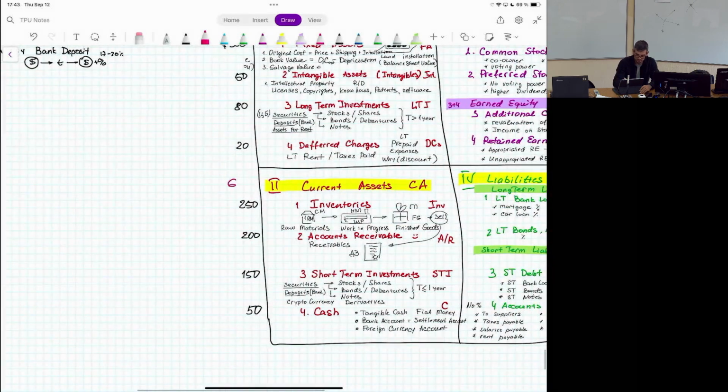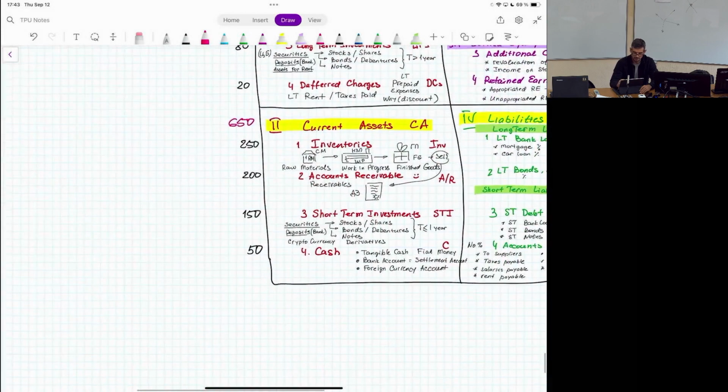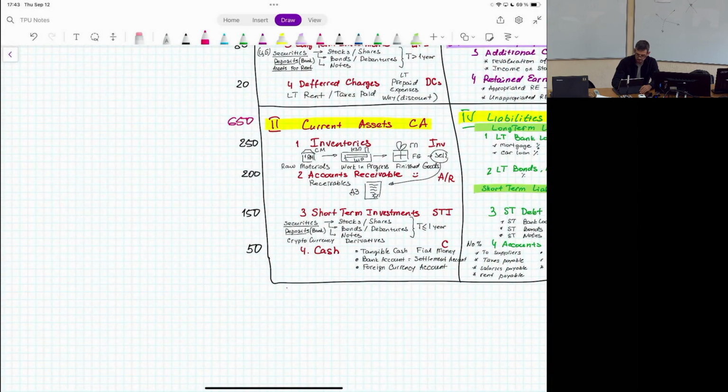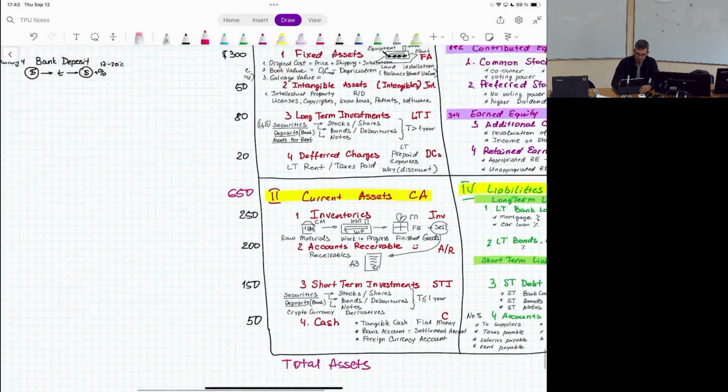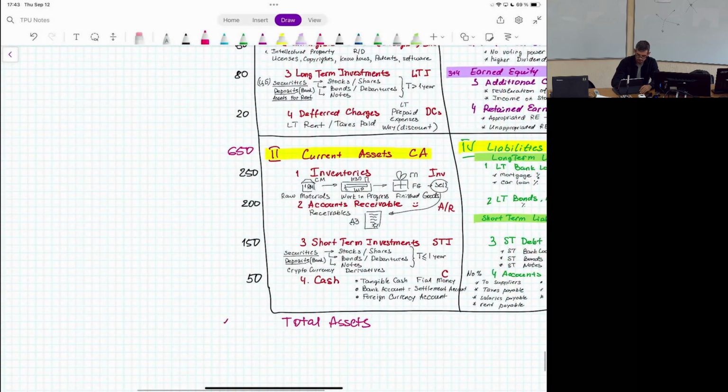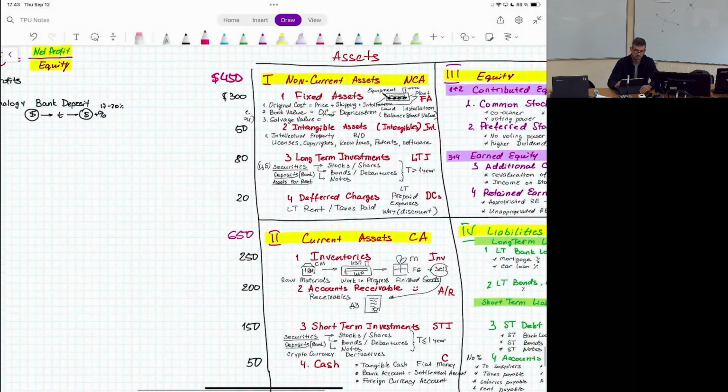Exactly. 650. And what will be the total assets? 1,100. Exactly. 1,100. So now we have the numbers for the assets part.